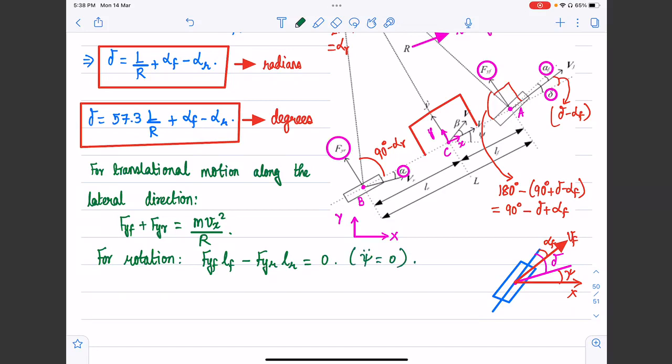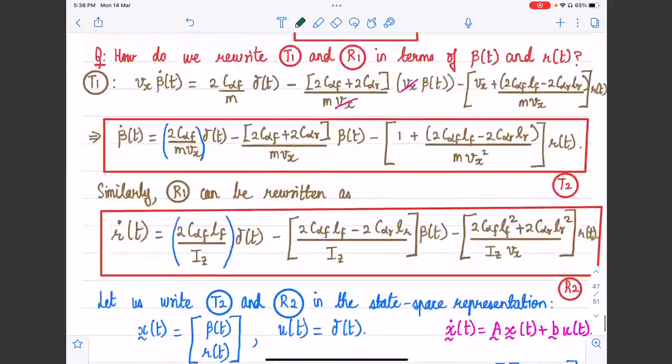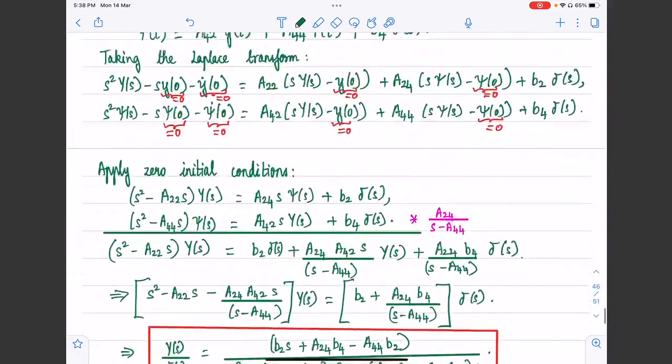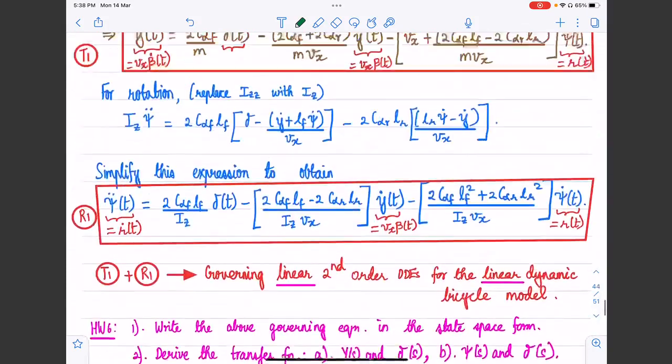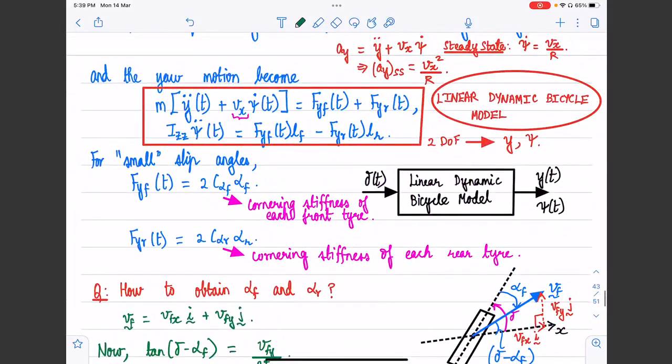You remember we called these equations T and R. You can see that equations T and R have become extremely simplified. Let me go up and show you those equations. We wrote these two equations as the linear dynamic bicycle model; the first one was for translation, the second for rotation.